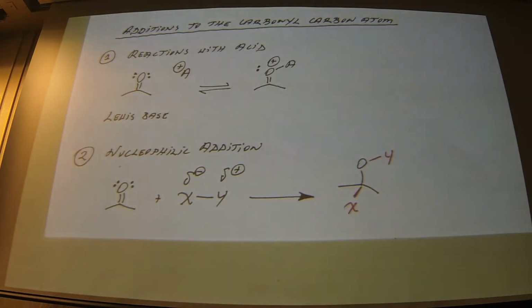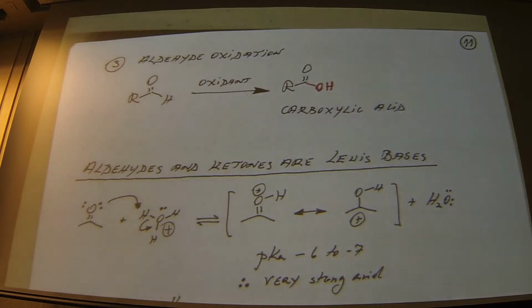Another reaction that we need to remind ourselves of, we've seen this in Chem 272, is the oxidation of an aldehyde to a carboxylic acid. Recall when we talked about redox chemistry, we talked about chromium plus 6 being used to oxidize secondary alcohols to ketones and primary alcohols to aldehydes, except if the primary alcohol to aldehyde oxidation was done in the presence of water, it didn't stop at the aldehyde, it went all the way to the carboxylic acid.